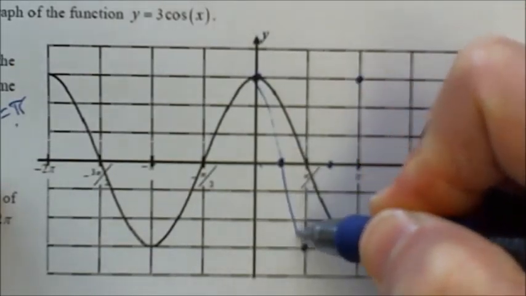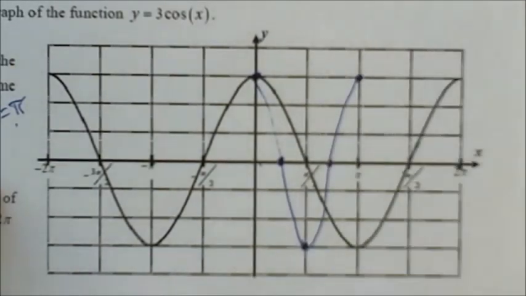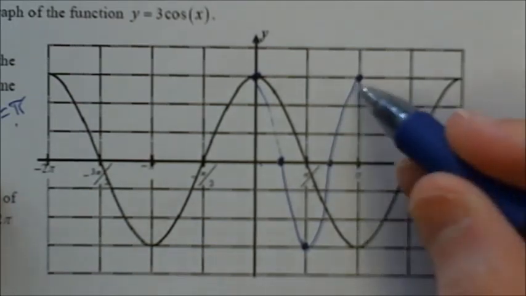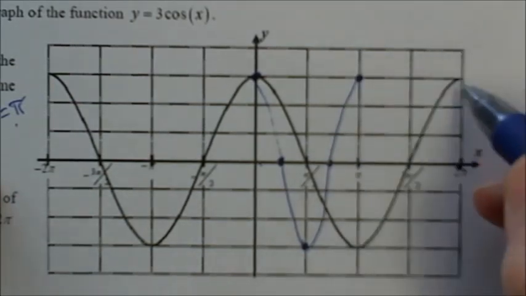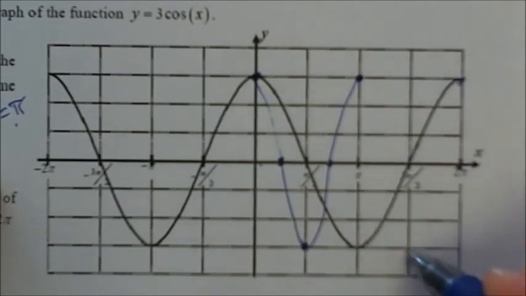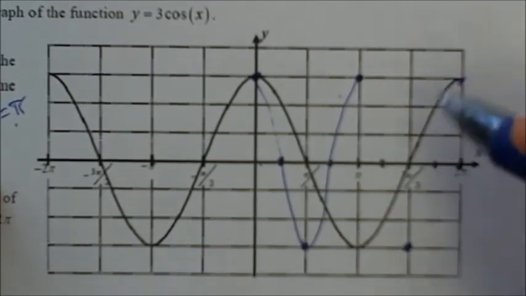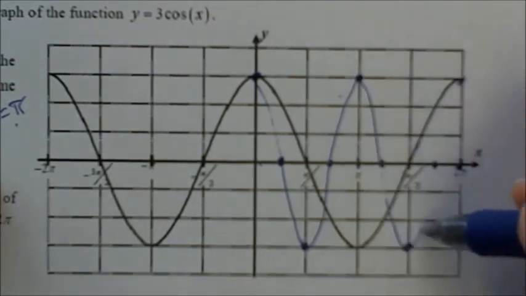So here's one complete curve. And now we need the second one from pi to 2 pi. Start and midway, and then midway between each pair, crossing the x-axis.